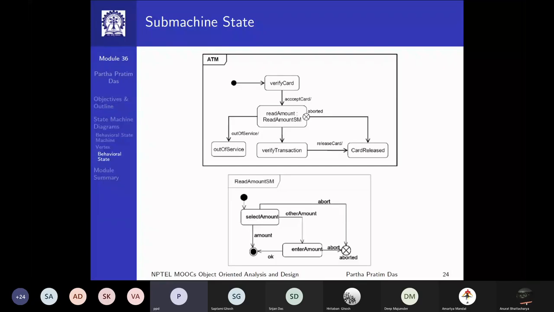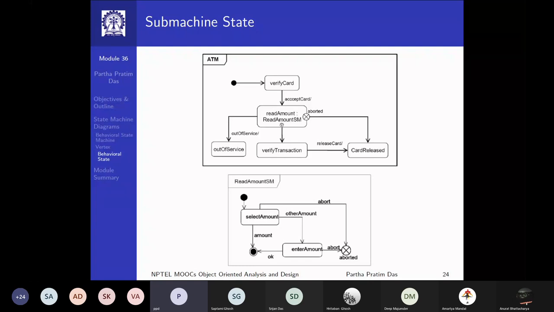We are assuming that it is inactive, and the activity that we are looking at is withdrawing money in the ATM. That is the most common thing that we do in an ATM. So this is a submachine. Read amount SM is a submachine.